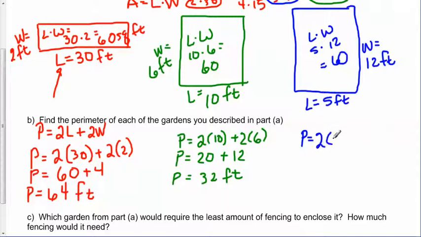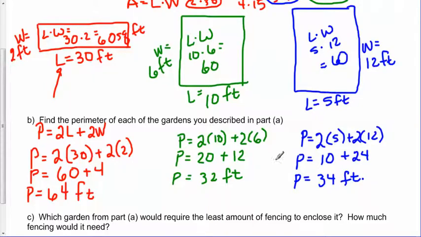For this one, we said the length was 5 feet, plus 2 times the width. And on this one, we said the width was 12 feet. And when we simplify that right side, 2 times 5 is 10, plus 2 times 12 is 24. So for this one, perimeter is just slightly more than that green one that we did. This one's 34 feet.